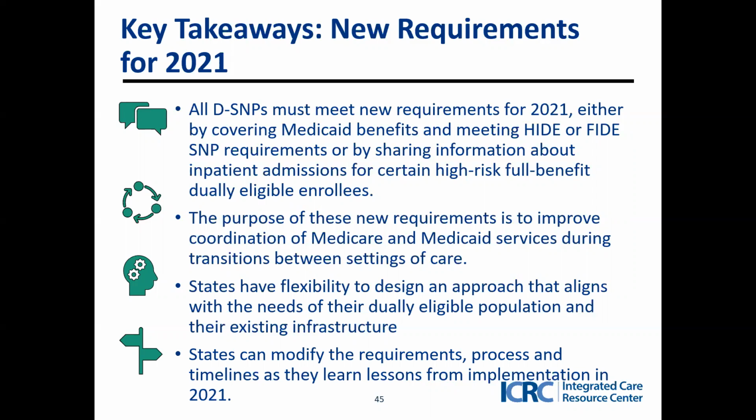The overall goal of these requirements is to improve coordination of services during care transitions, and there's a level of flexibility for states to design their own approach to the requirements that aligns with their individual state needs, populations, or infrastructure. States can modify their process regarding these requirements based on any lessons that they learn from implementation in 2021. So thank you for your attention on this section. I'm going to hand it over to Nancy to facilitate any questions that you might have.